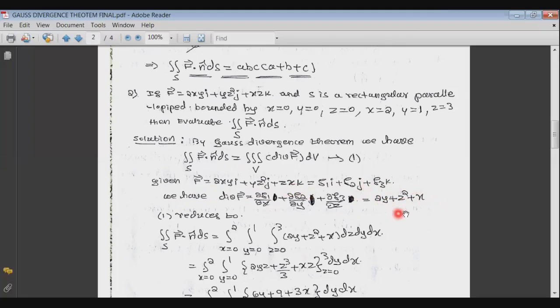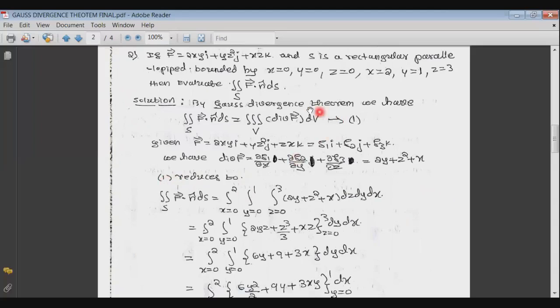Therefore this is the divergence of f bar, because if f bar is a vector of the form f1 i plus f2 j plus f3 k, then the divergence is given by the partial derivative of f1 with respect to x plus the partial derivative of f2 with respect to y plus the partial derivative of f3 with respect to z, and that leads to this one. Now taking this value in the RHS of 1, we can write like this.